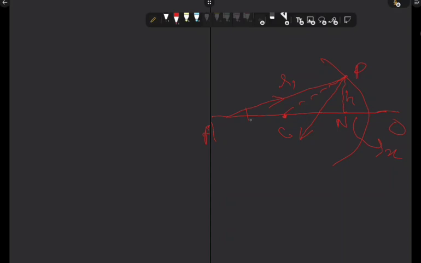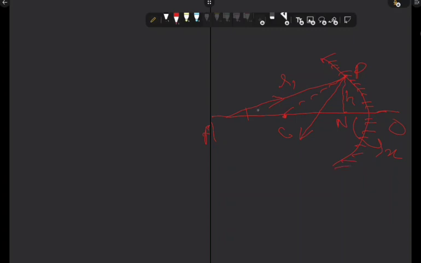Here we are considering two rays, the intersection of two reflected rays. This is your concave spherical mirror.